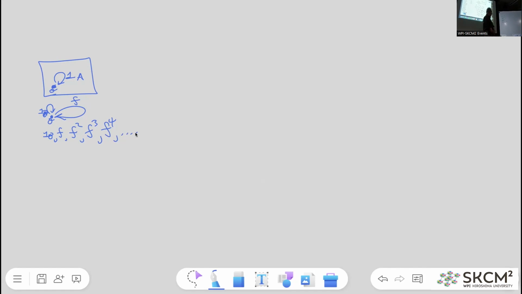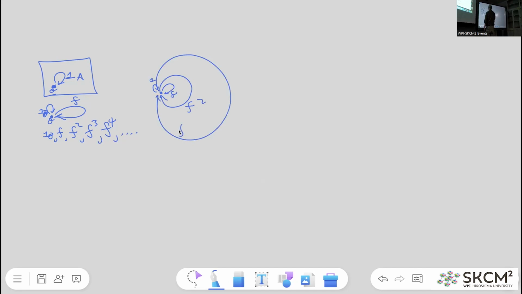I may draw just a little graph like that, but if I really wanted to draw what the category looks like, it looks like this. I've got this identity arrow, and then it's got F, and then F squared, and then F cubed, and so on. There's this infinite onion of morphisms sitting there going from that node to that node. So this category is infinite, even though the graph is very simple.